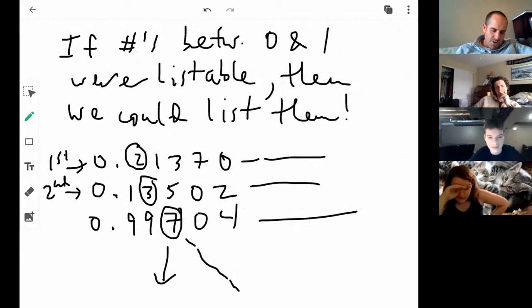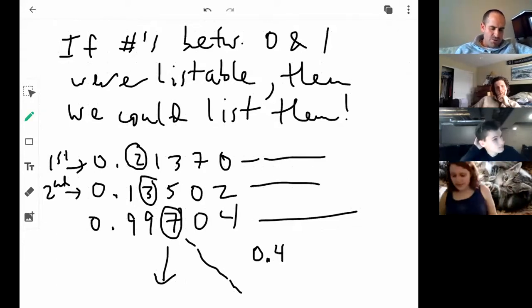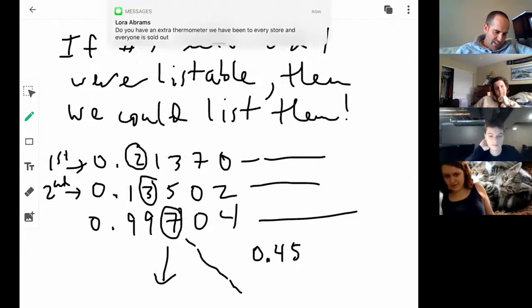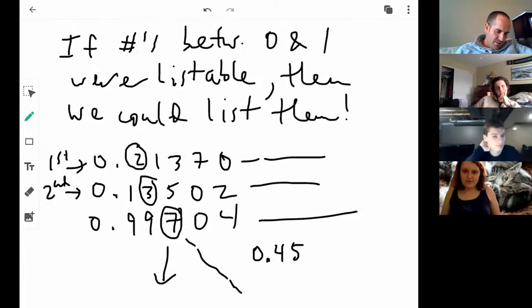I claim that the number 0. I just have to pick something different from 2. Give me a number different from 2. 4. Now give me a number different from 3. 5. Now give me a number different from 7. 6.